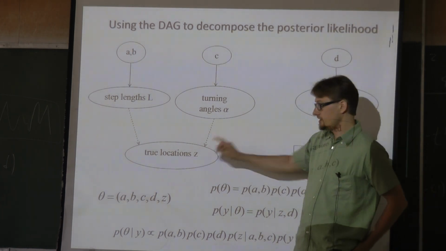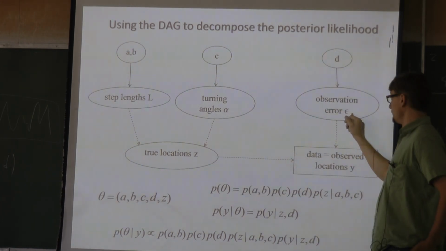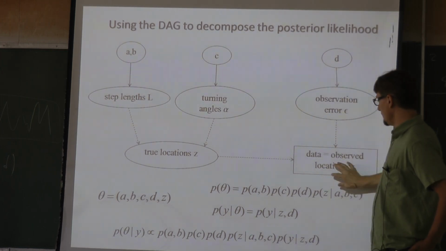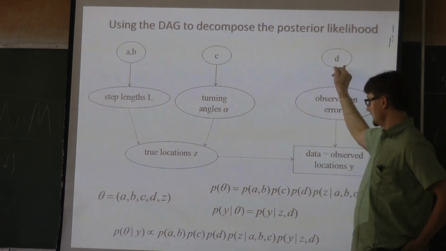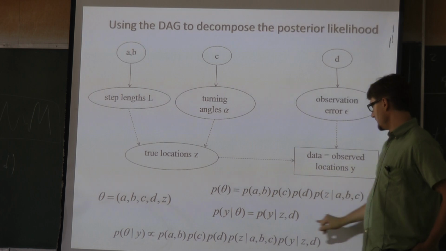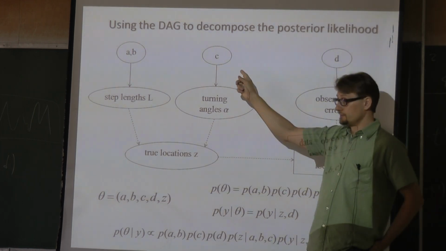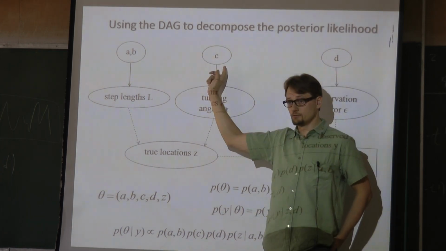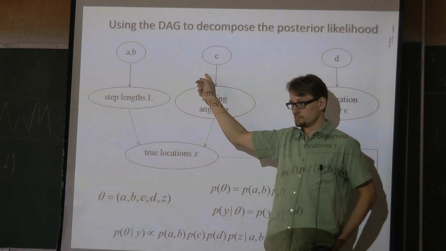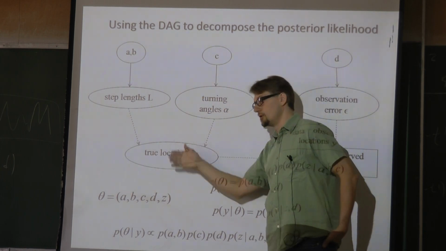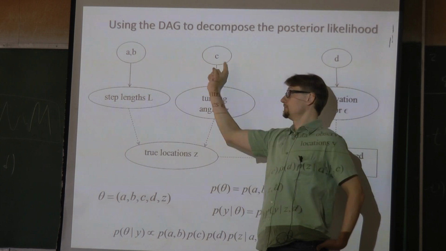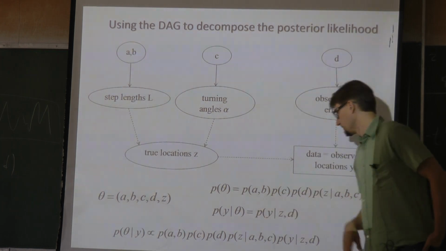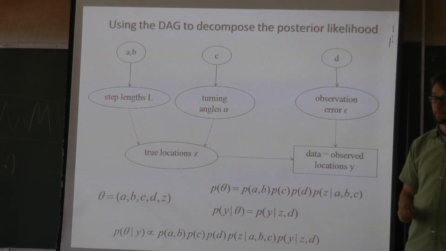The data depends on Z and this observation error epsilon, which in turn depends on D. So you see that the data depends only on Z and D. It doesn't depend on A, B, C anymore, because if you know Z, you don't need to know those values to figure out the likelihood of the data. Of course, if you didn't know the true locations, then the likelihood of the data would depend on those parameters. But conditional on the whole vector, you can drop out A, B, and C.